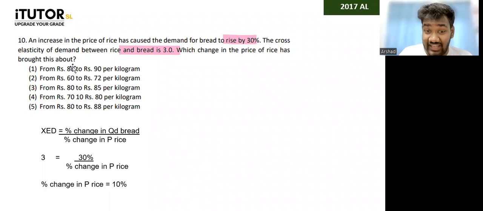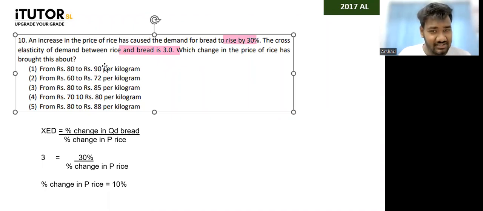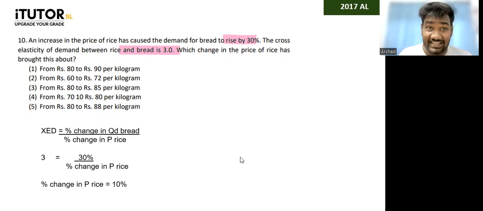Rice going from 80 to 90, is that 10%? 60 to 72, 80 to 85, 70 to 80, 80 to 88. What is a 10% increase? Now, this is basic maths. 10% of 80 is 8. So then it has to go from 80 to 88, not 80 to 90. 80 to 90 means more than 10%, so that's wrong.